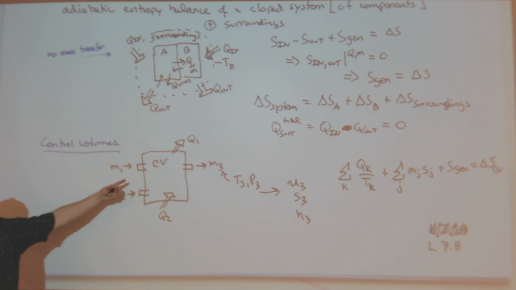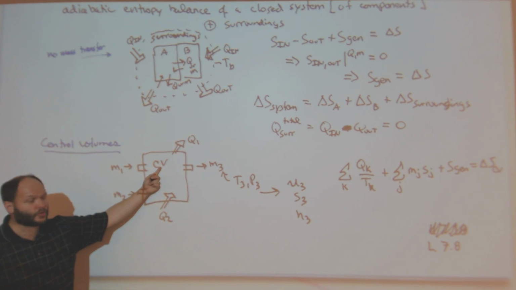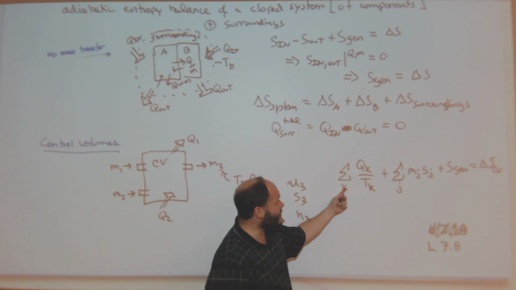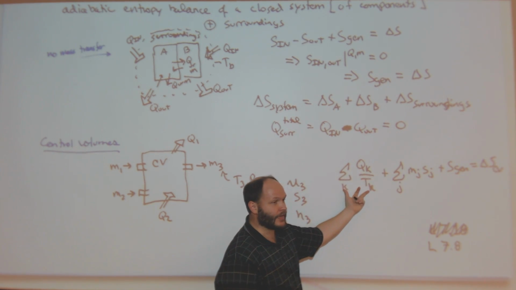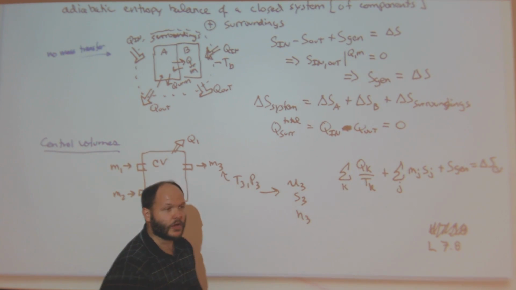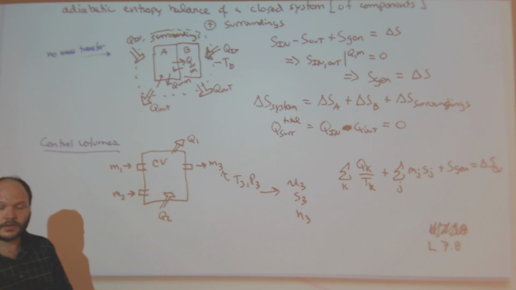So I just changed the term from system to control volume, but the same applies. And I can break this up into heat in and heat out, or I can leave it like that, where I just have a sign convention where Q out is negative.